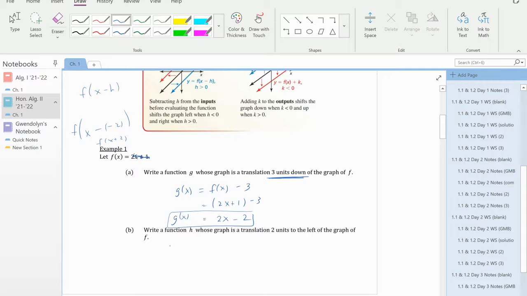Write a function h whose graph is a translation of 2 units to the left of function f. If I want to go 2 to the left, then wherever the x is, it's going to say x plus 2. So I put the x plus 2 in where the x goes.